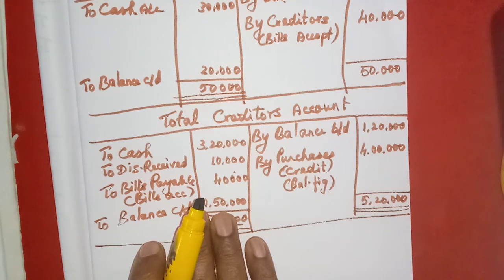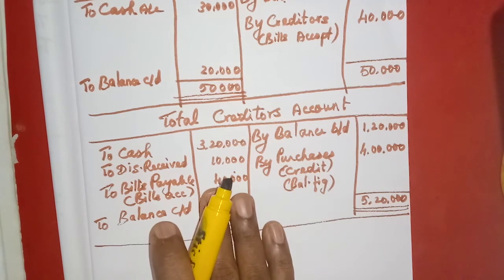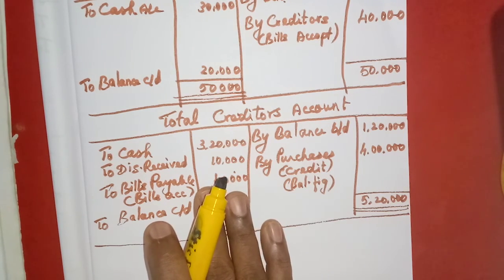Either we can complete one, maybe two more classes we can take, I think. Since the necessary items we have to find out, then the final accounts, trading and profit and loss account and balance sheet we have to prepare. So within 1 or 2 days I will complete this lesson. Okay, so better you do these problems and see whether you are able to do them.